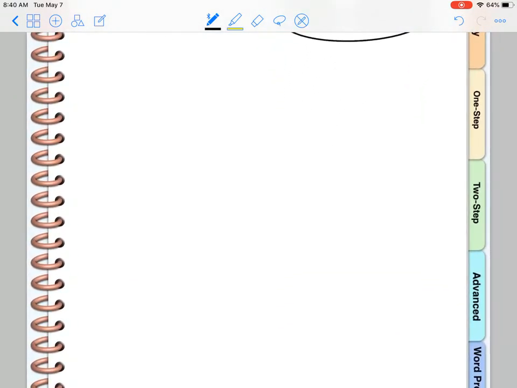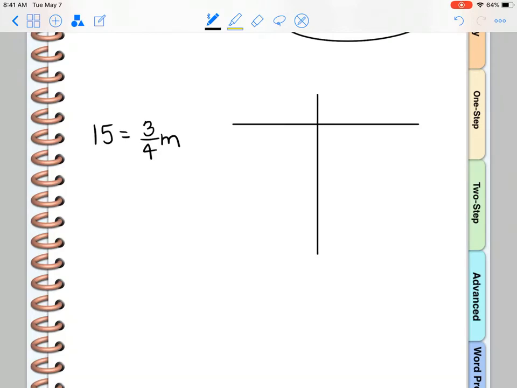Okay, the second one, I have 15 equals 3/4 of M. Okay, so let's go ahead and move to the solving frame where we have a constant on the left this time and a variable on the right.